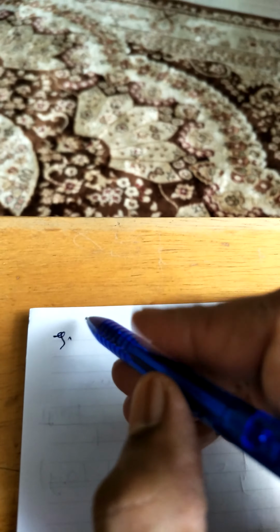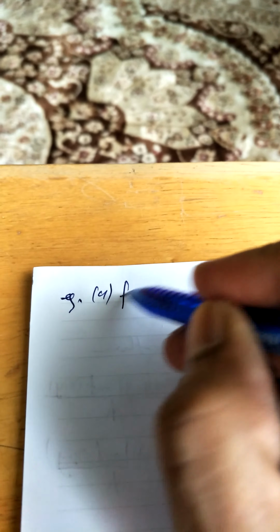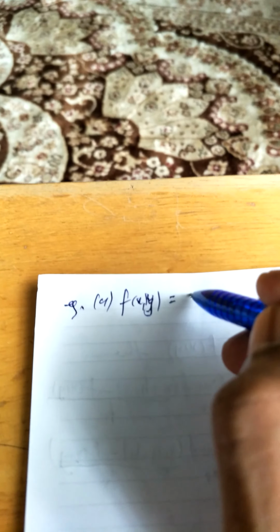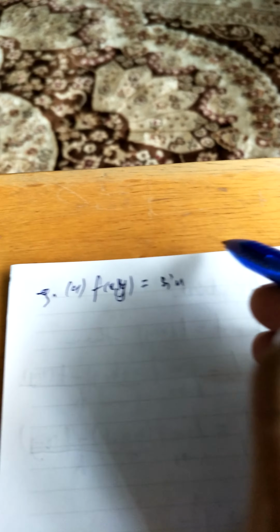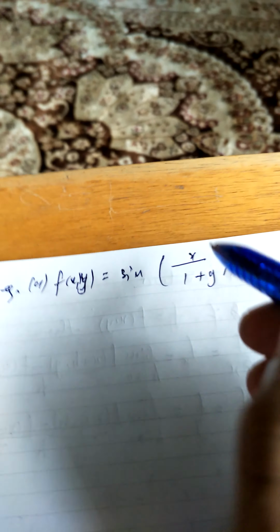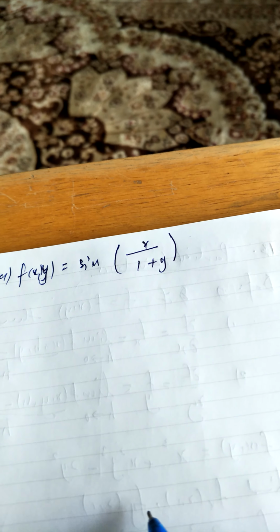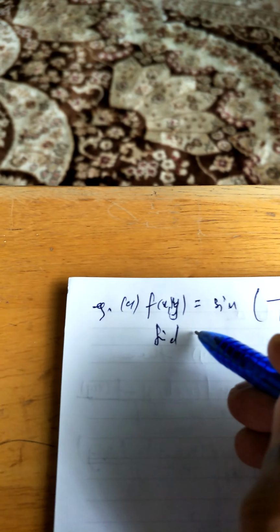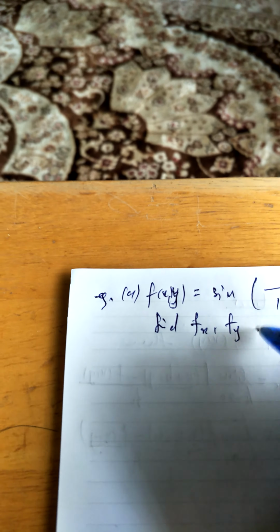If you use the chain rule, we select a function or given function that we cannot differentiate directly. So another example, let's say we have f(x, y) equals sine of x over 1 plus y. Find f x and f y.